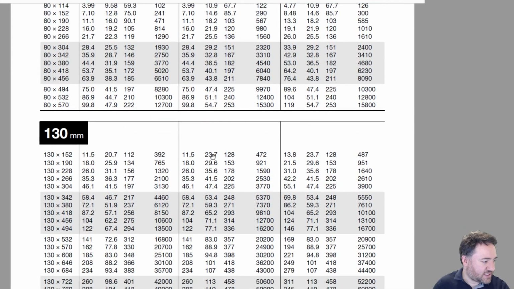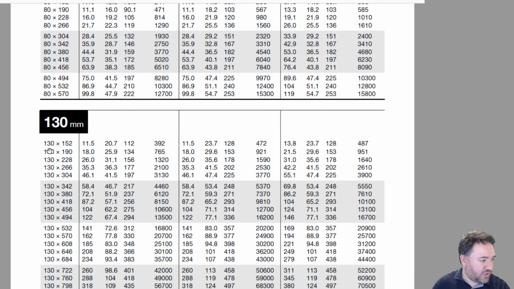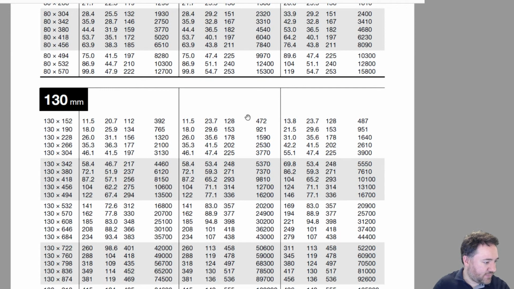So let's go up to the next size, 130 millimeter wide pieces of glulam, and read down until we get something that is greater than 190. And you see we get one right here, 130 by 646 is just greater than 190. It's 208. So this is the first one that exceeds 190.